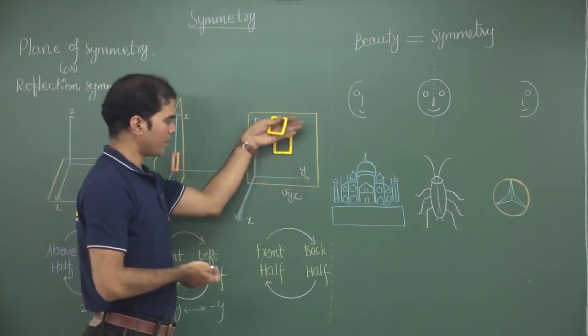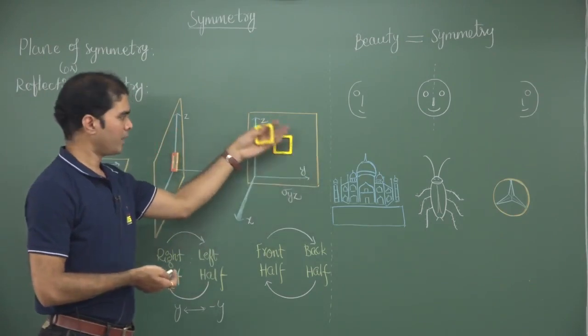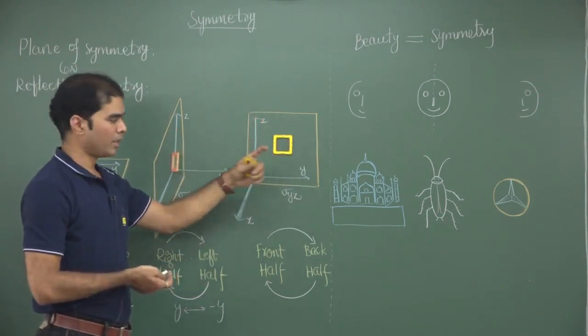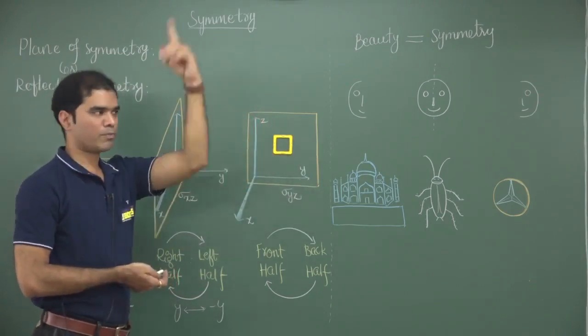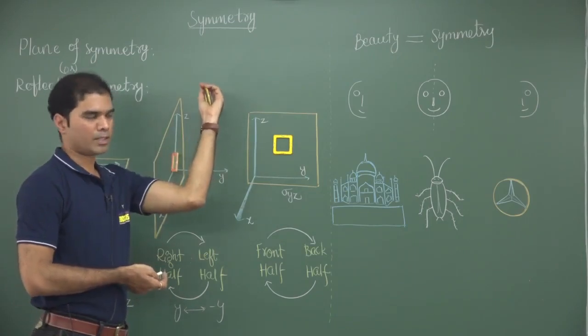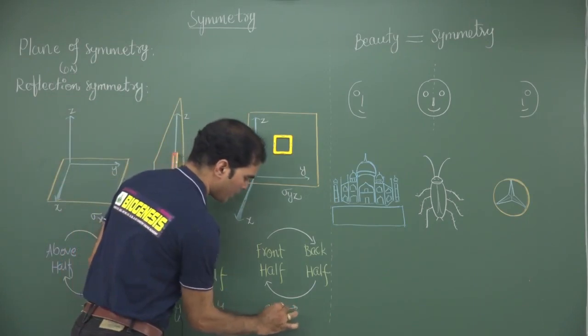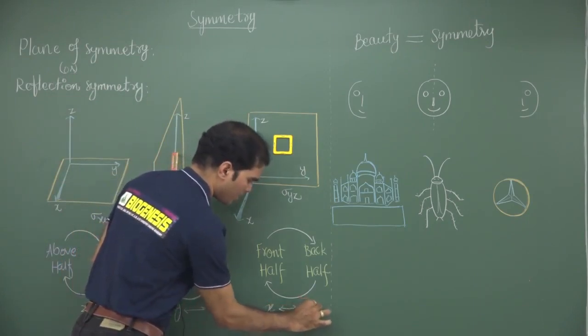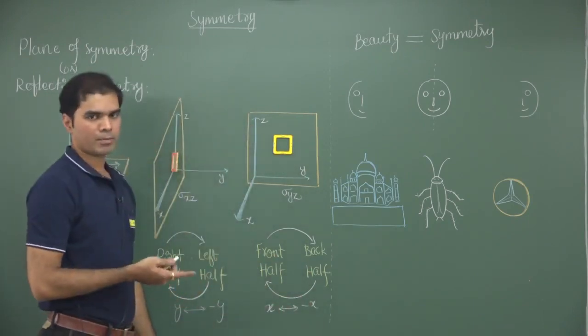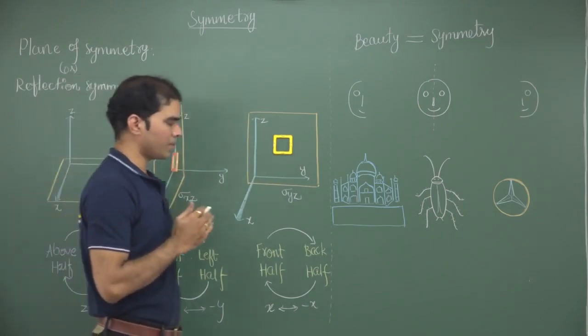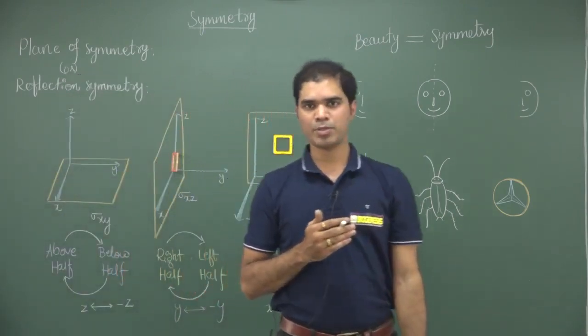And finally, when I am passing a sigma yz plane, y and z will remain in their position, but x, which was pointing towards you, will be reflected into minus x, and minus x will come towards you. So the coordinate that gets exchanged is x into minus x and minus x into x. So this is how the reflection symmetry will proceed.